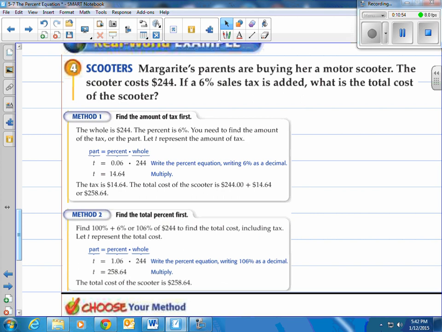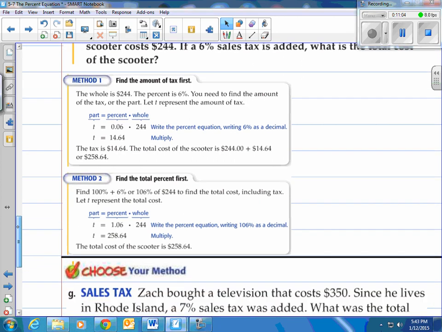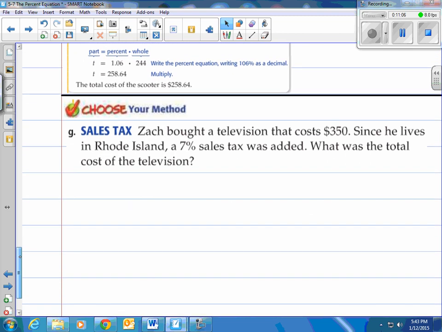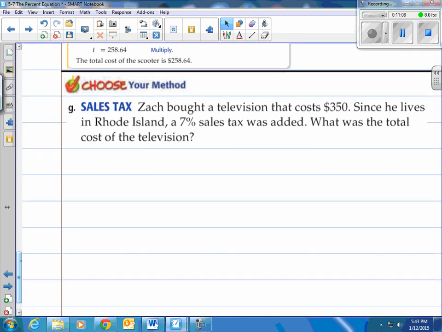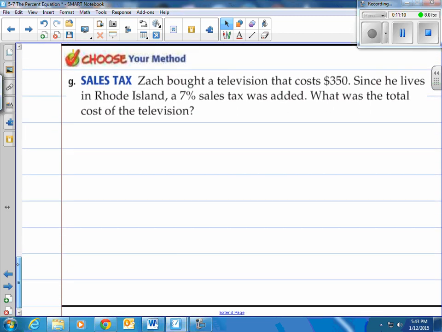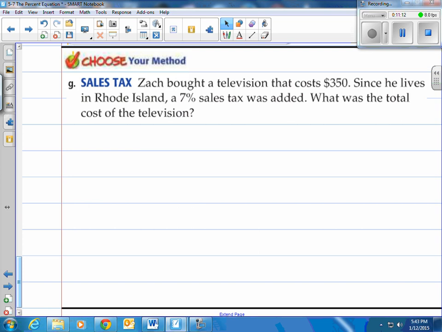When you do that, you get 258.64 right away on your calculator. You don't have to add anything on in the end, because you already added in the beginning when you added the percents together. So it's a different way to think when you calculate your totals. That's how calculators are programmed, and that's how cash registers are programmed.